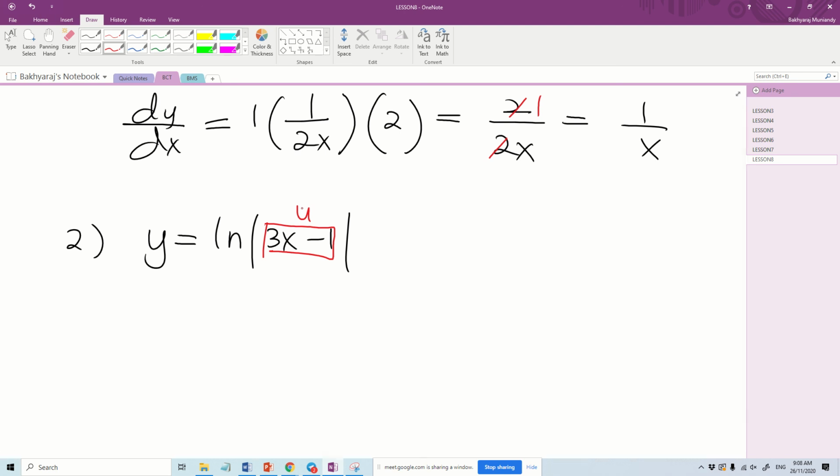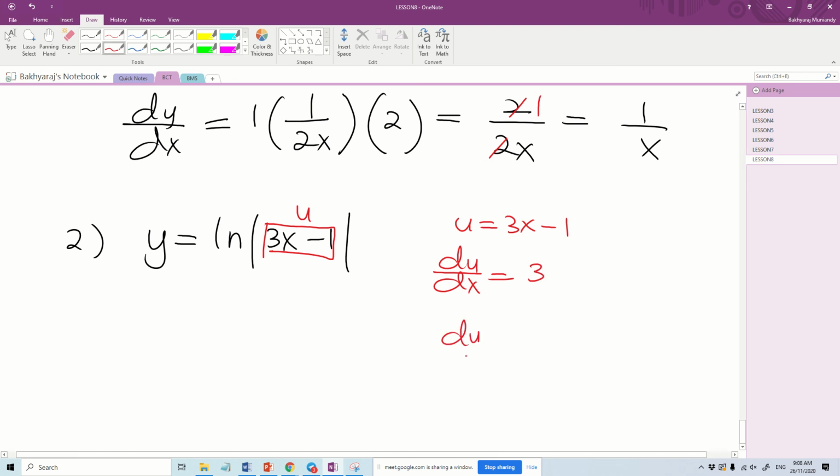Okay, get the value of u. Once you know the u, then you can go for the answer. So u equals 3x minus 1, du dx is equal to 3, right? And get the formula.